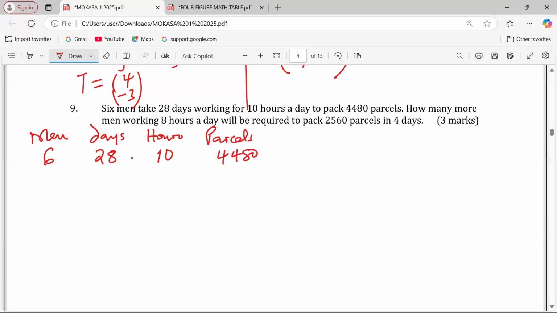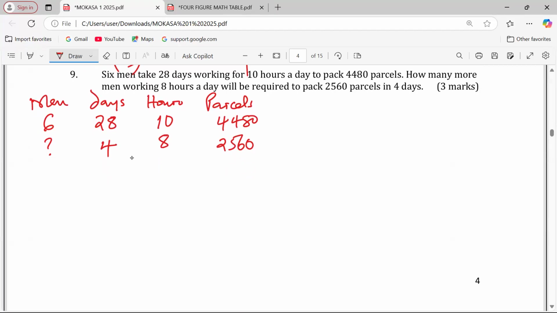How many more men, the question is here, working 8 hours a day, required to pack 2560 in 4 days? So we are going to vary the number of men using the ratio of days, the ratio of hours, and the ratio of parcels.